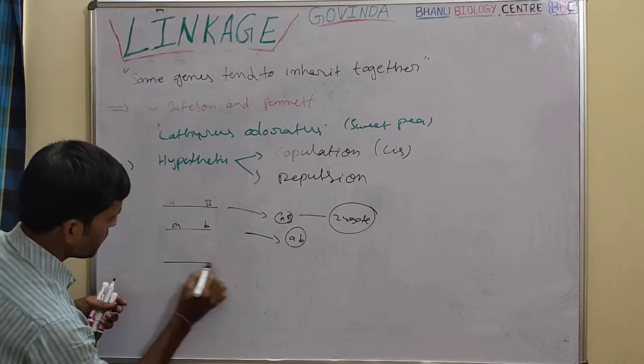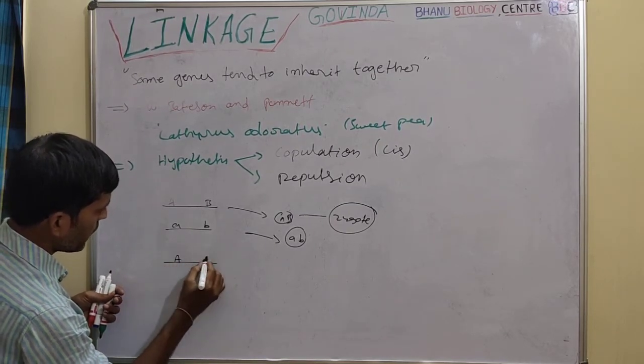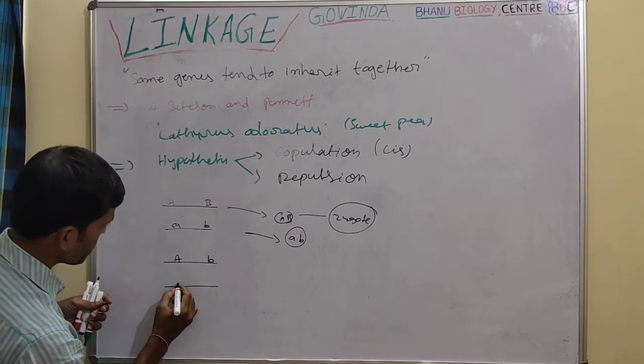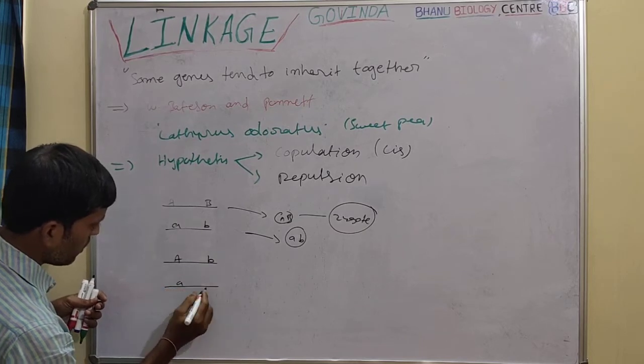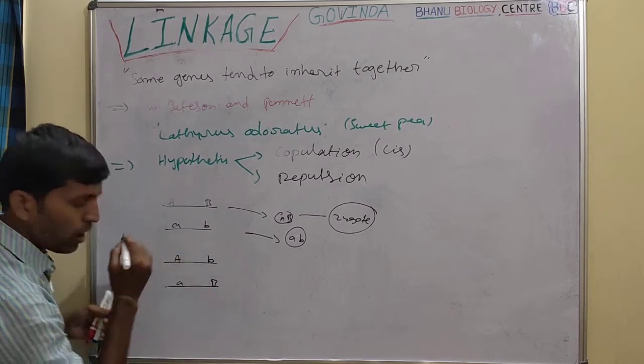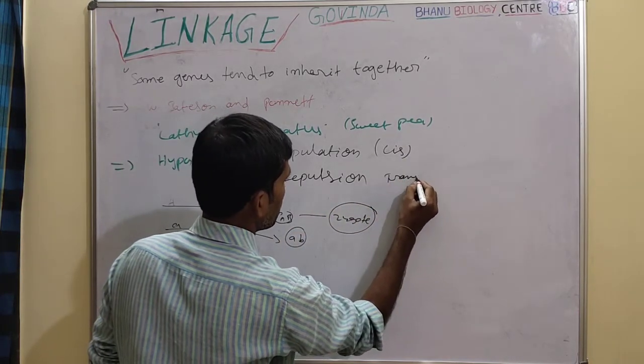So let us understand with the picture. This is the chromosome containing one dominant allele, one recessive allele. The other homologous chromosome contains one recessive allele, and the other one is the dominant allele. So this kind of arrangement is called trans.